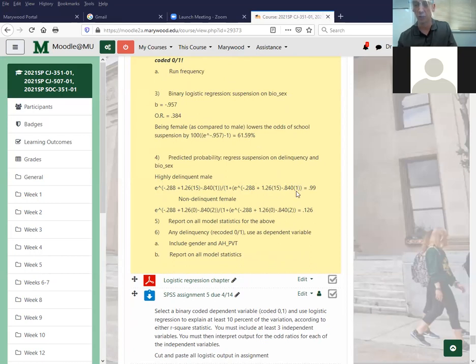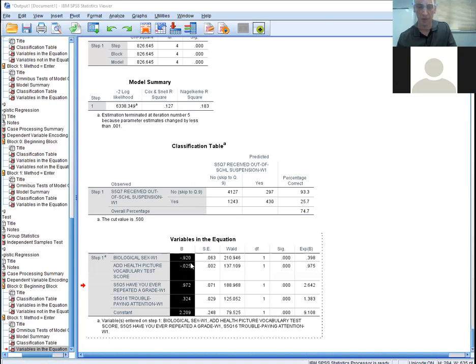So you'd want to set your predictors, your betas, all those numbers that are given to you, at some level. So biological sex: if you want to know the predicted probability for a female, you would set that, and have it multiplied by 2, plus a negative, let's say I want it at the average level of the picture vocabulary test, and you find what that average is, and have it multiplied by that.